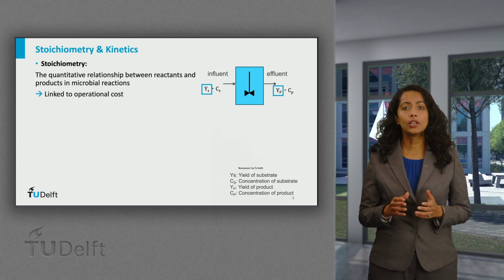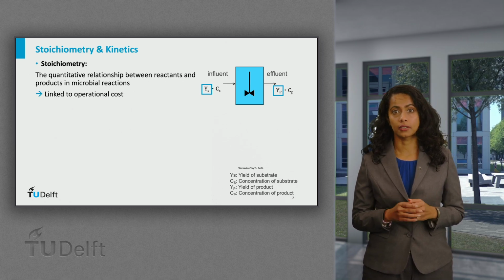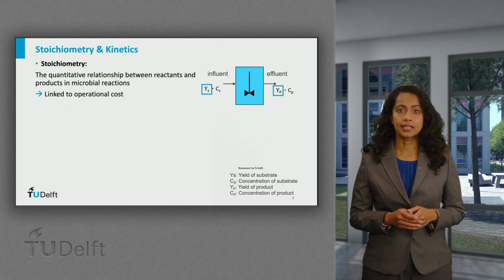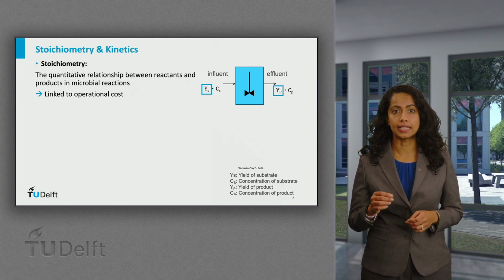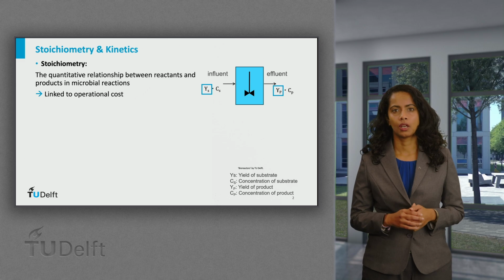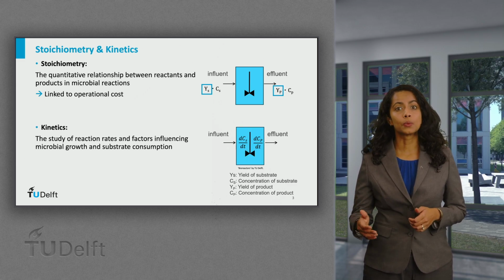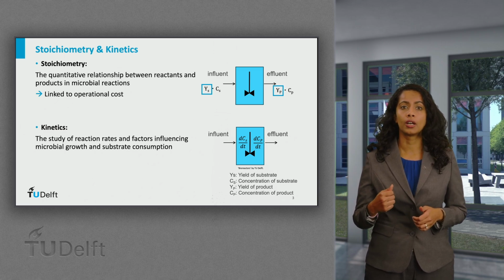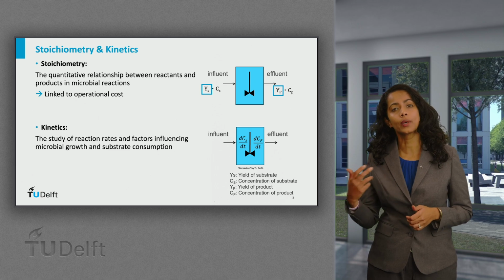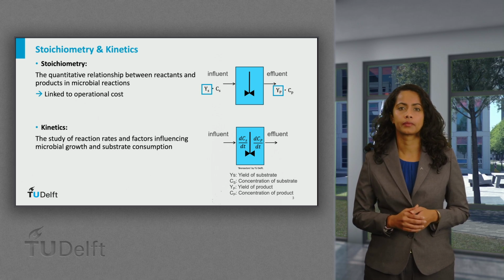Stoichiometry is closely linked to operational cost because it tells us how much substrate is needed for the process. On the other hand, kinetics deals with the rate of reactions, how fast microorganisms grow by consuming substrates, and how quickly products are formed.